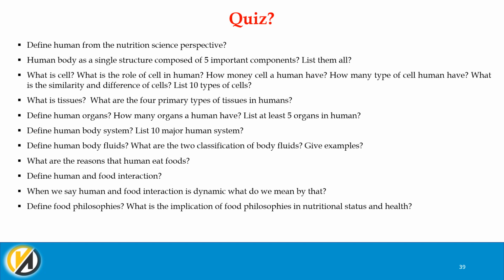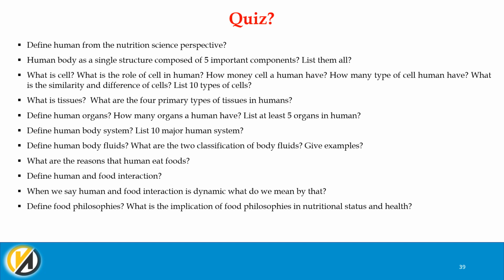What is tissue? What are the 4 primary types of tissues in humans? Define human organs. How many organs does a human have? List at least 5 organs in humans. Define human body system. List 10 major human systems. Define human body fluids.